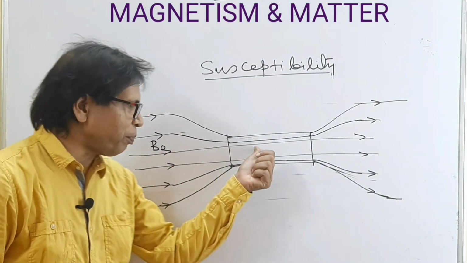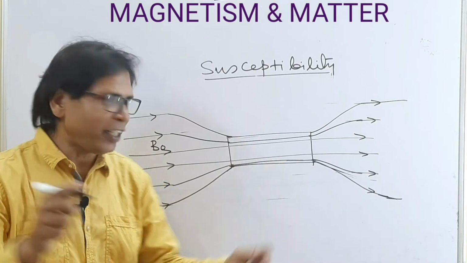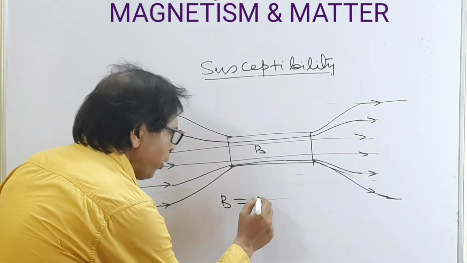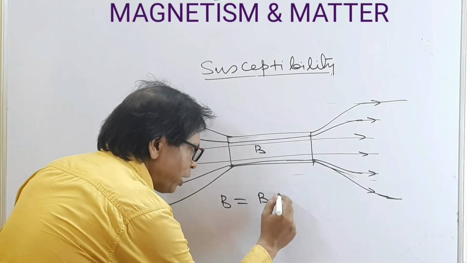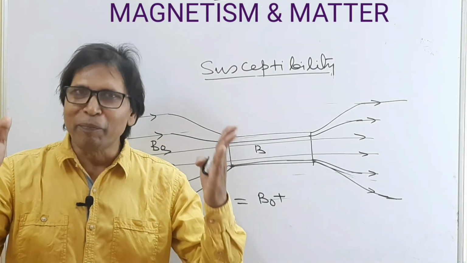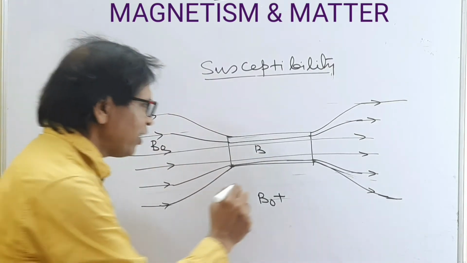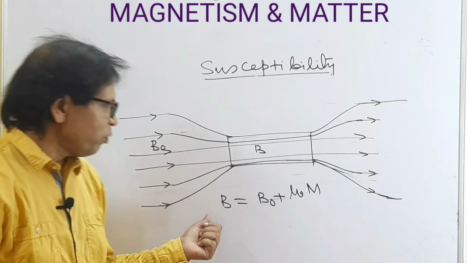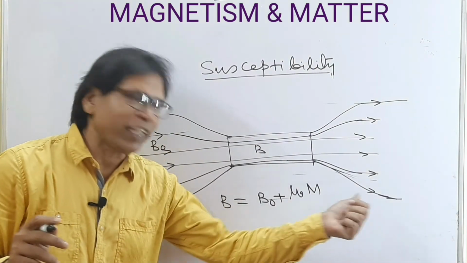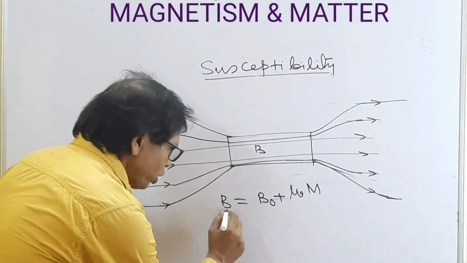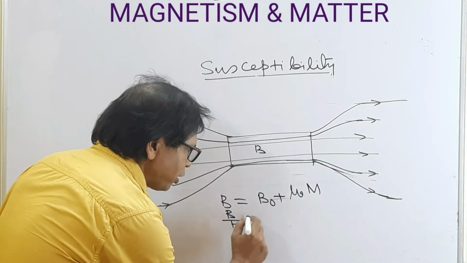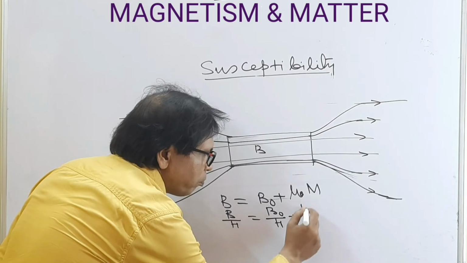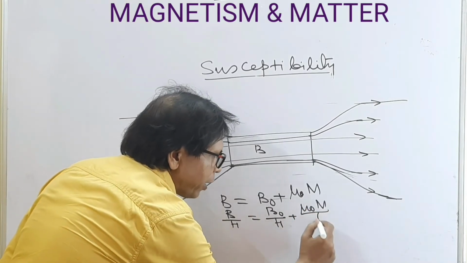Now the magnetic field inside the material, B, is equal to the magnetic field in free space plus the induced magnetism, so this is mu naught into capital M. Now divide this equation by H. So B by H equals B naught by H plus mu naught M divided by H.